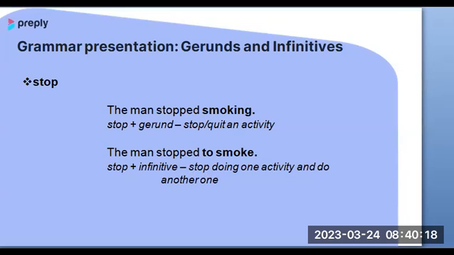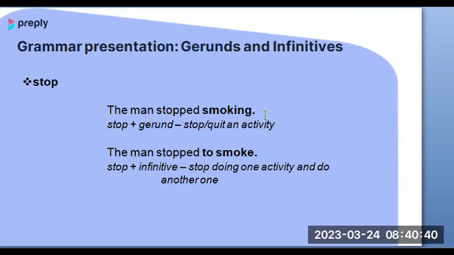Like the man stopped smoking. So probably he was smoking, then he stopped. Or you could say the man was smoking in the past, and in the present is no longer smoking. Okay, that's the meaning of that. That's to quit an activity.